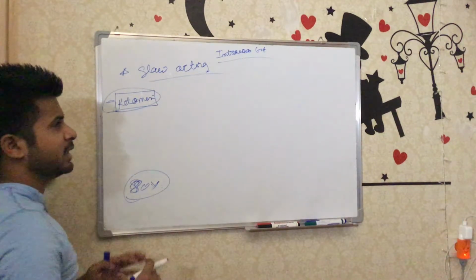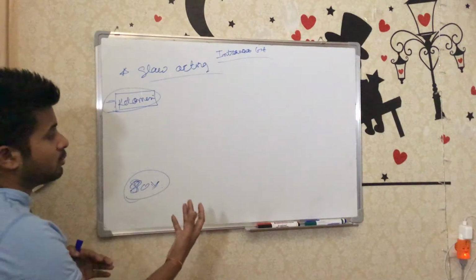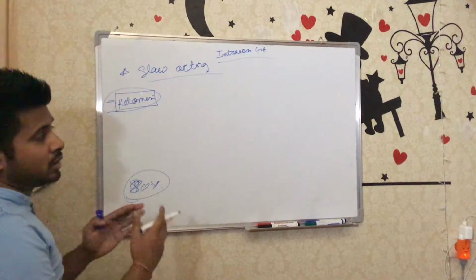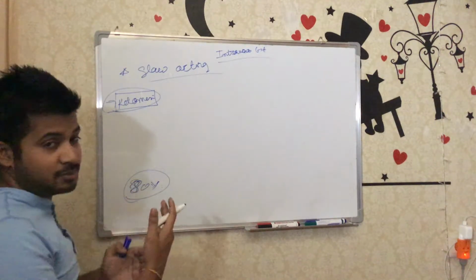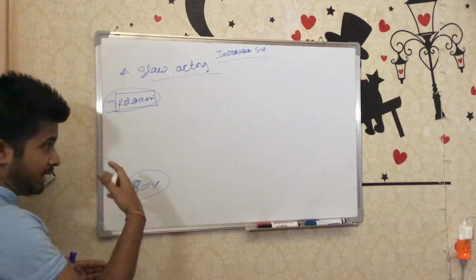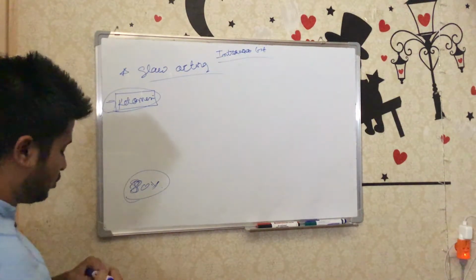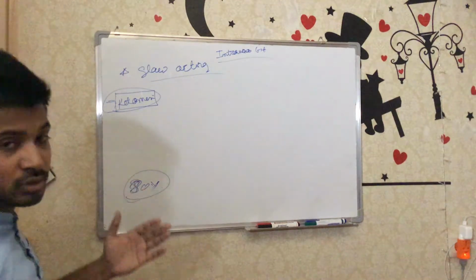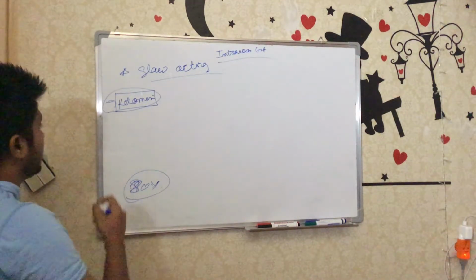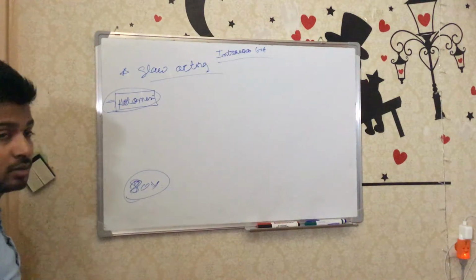Hallucination means they say everything, but they don't know what they are speaking. After they come to a normal mood, they don't remember what they said while under anesthesia. That is called hallucination. That's why ketamine is called a dissociative anesthetic.